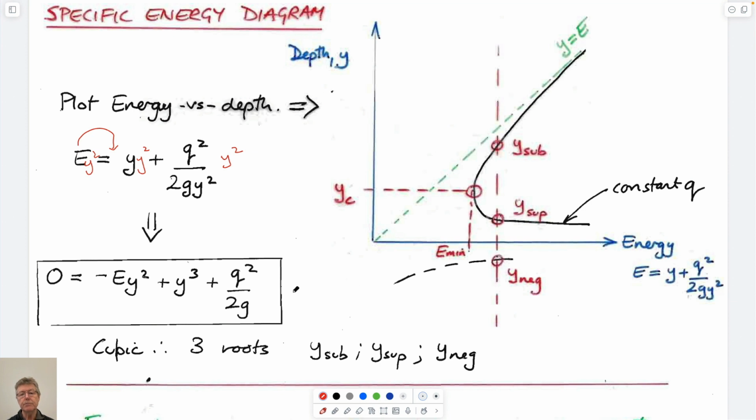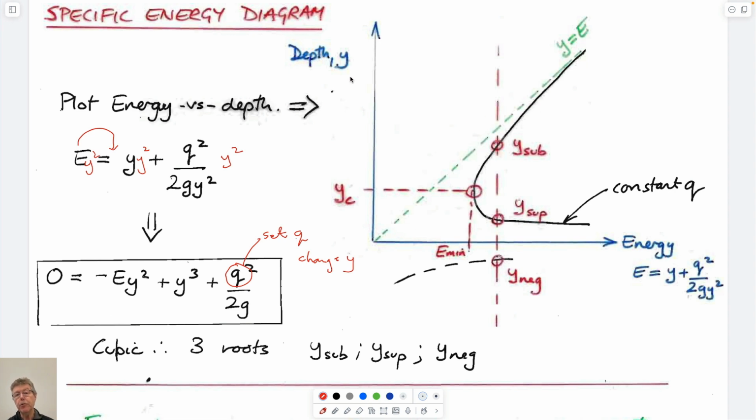And so if we plot this equation, if we take a given value of flow rate, set Q, and if we change Y, so if we take Y equals 0, 1, 2, 3, 4, 5, 6, then we'll end up getting a result in terms of E, because E is our only parameter.